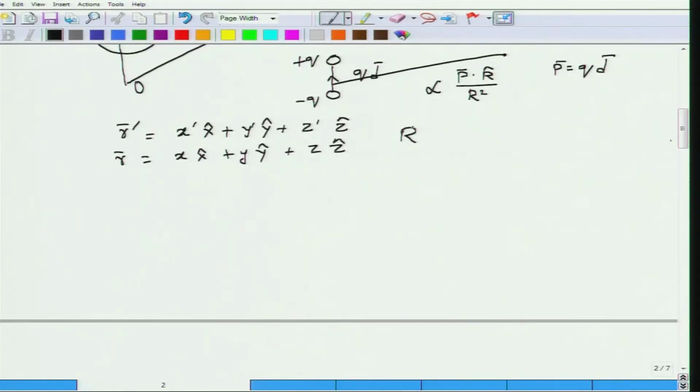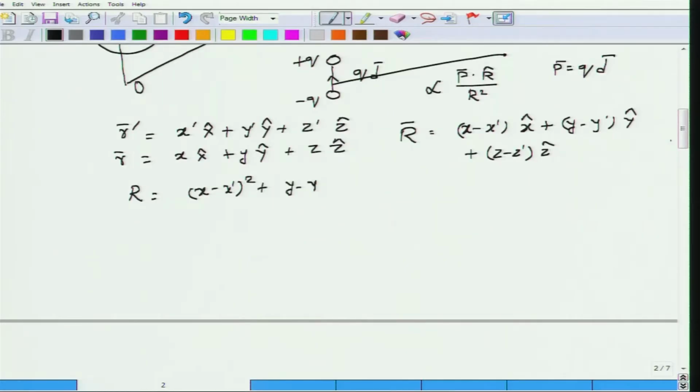So clearly the vector r will be (x minus x prime) x hat plus (y minus y prime) y hat plus (z minus z prime) z hat, and the magnitude of vector r will be (x minus x prime) square plus (y minus y prime) square plus (z minus z prime) square, all under square root, right.